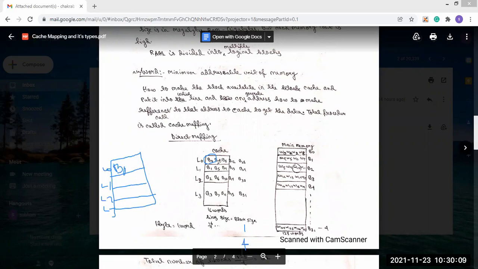So when this block is removed, only then can we accommodate block number 4. This is the problem of direct mapping, because with this formula we have specified which block should go to which line. This is the first disadvantage of direct mapping.